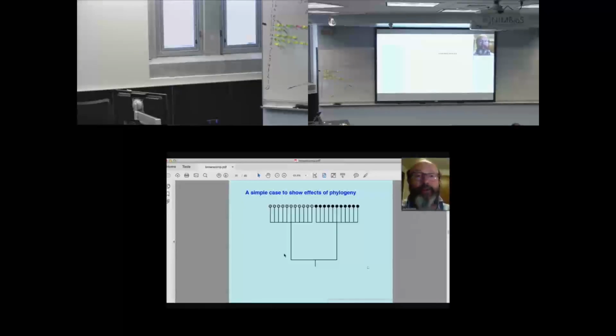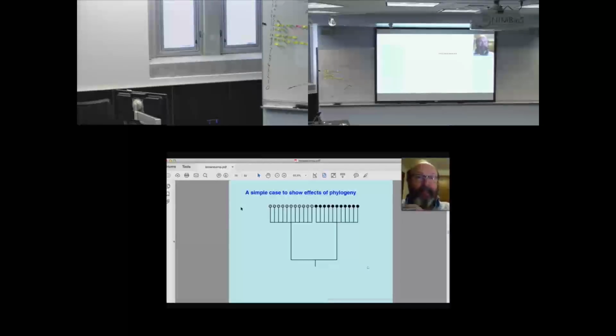And what I want to do is show it to you in a very simple, rather extreme case. I want to imagine two characters that, in fact, don't have any covariation, either selective or genetic. They're independent. They're going to change independently. And here are 22 species. And here's a simple, rather extreme phylogeny that simply has a clade of 11 species here and a clade of 11 species there tied together.